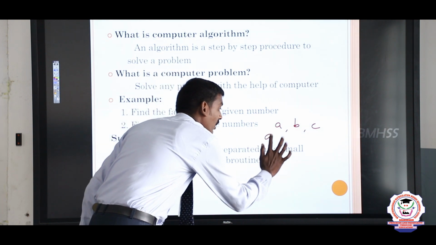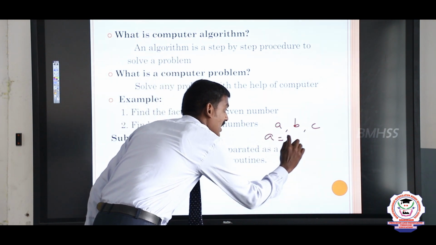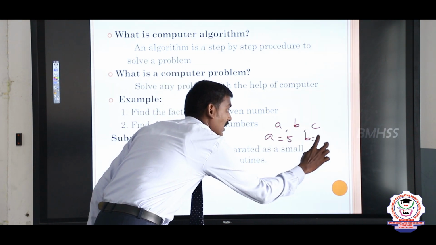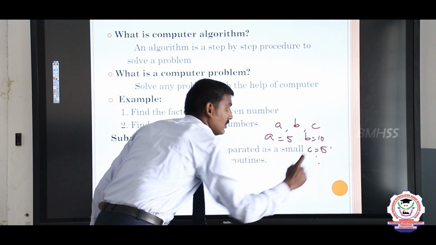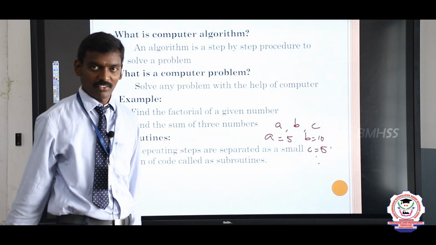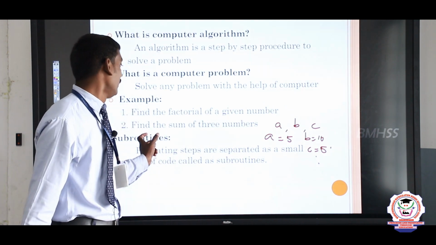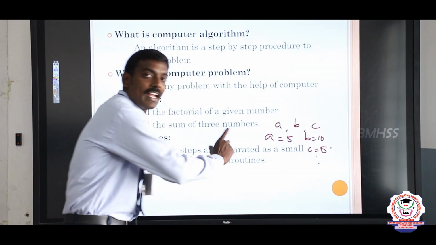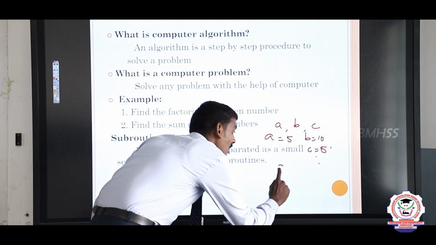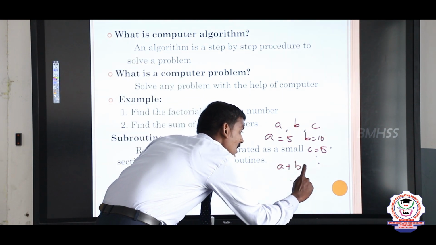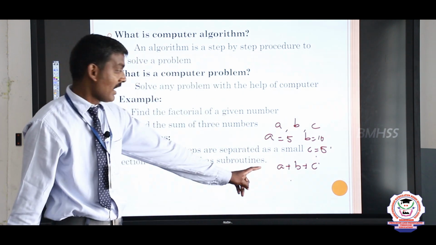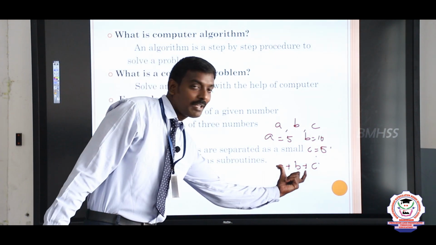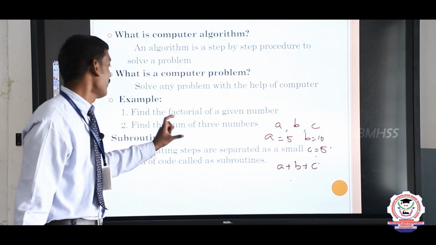For example, A equal to 5, B equal to 10, and C equal to 6. Next, how can we calculate A plus B plus C? We can add them. This is the calculation part with the help of our coding.